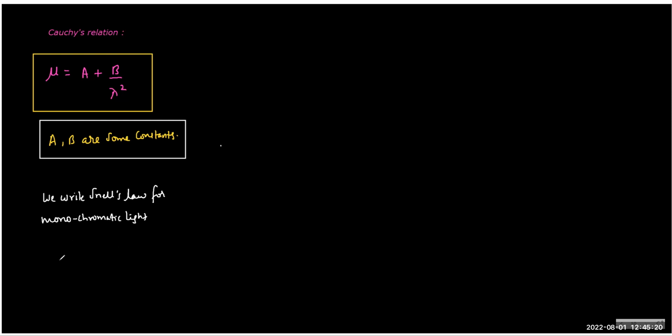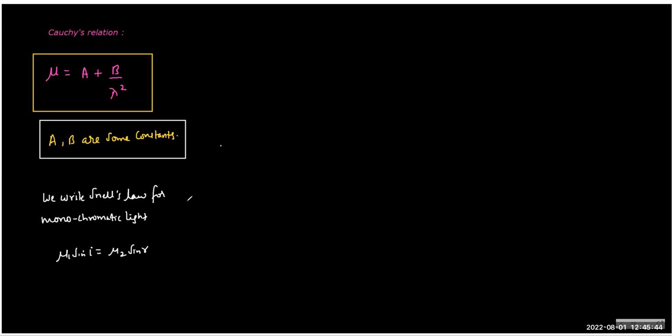Because the moment you write the formula mu1 sin i = mu2 sin r, mu1 and mu2 are only defined if it is monochromatic. If it is polychromatic, then we cannot define them uniquely. So we cannot write Snell's law for polychromatic light, and that's why we never write it for white light.